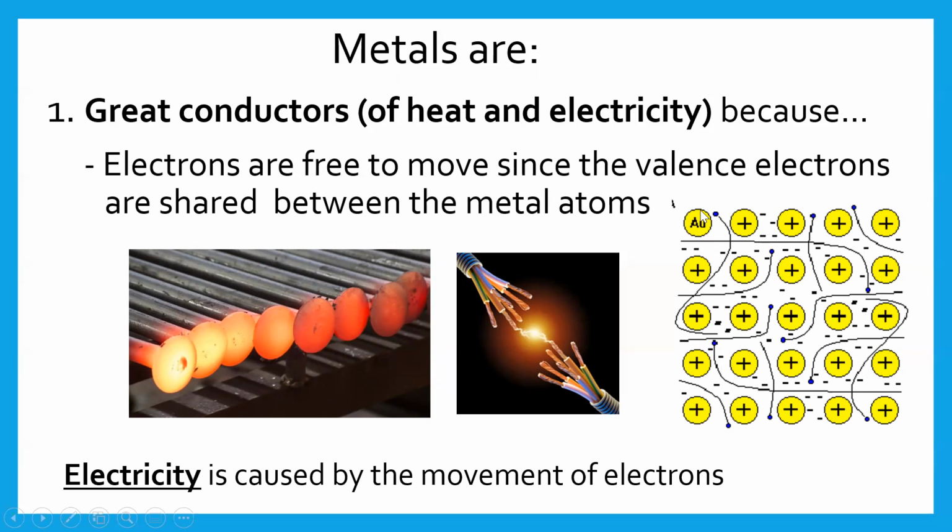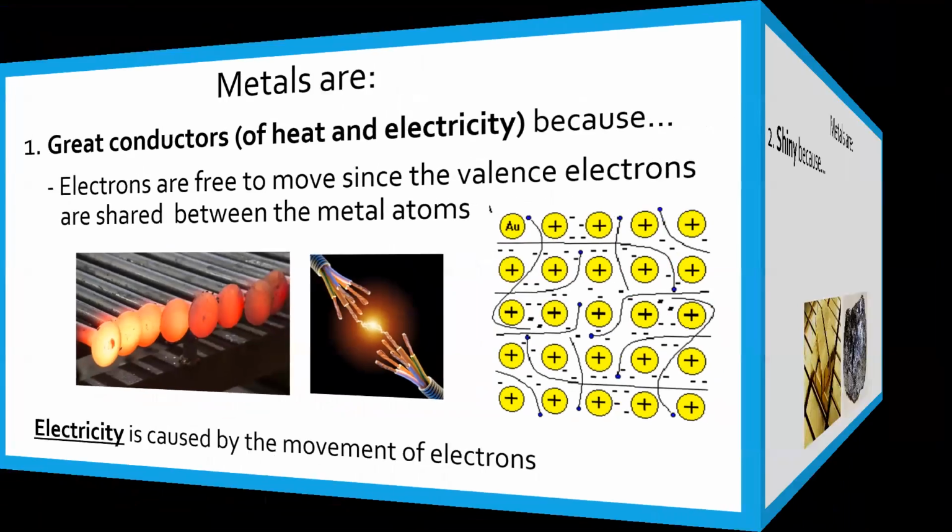So between all of these positive atoms of gold, the electrons are just zipping around and being shared. And once again, the movement of electrons creates electricity. This is not the same type of sharing as covalent. There's no overlap. They just kind of zip around and are within the same atom of gold throughout.